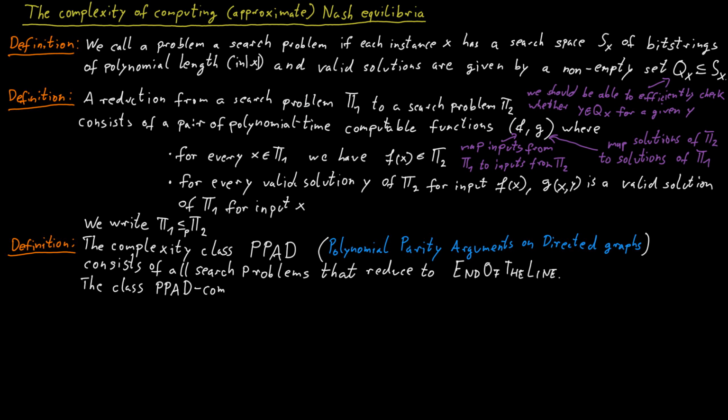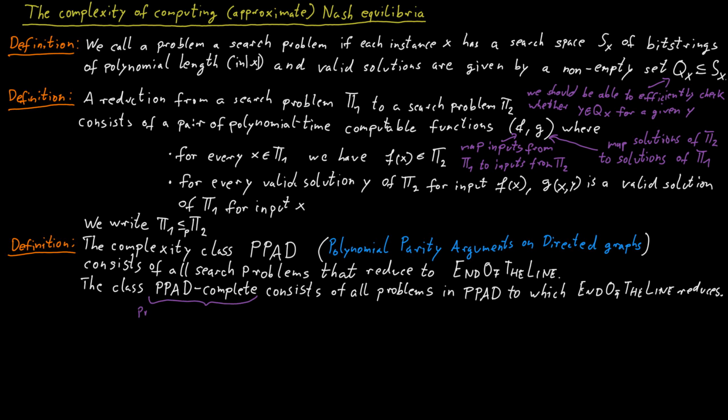These PPAD complete problems consist of all the search problems in PPAD to which end of the line reduces. So these are problems which are essentially equivalent to end of the line. They have the same features, the same difficulties as end of the line.